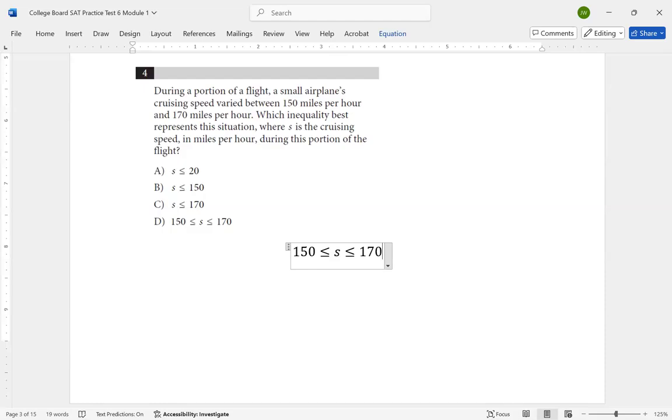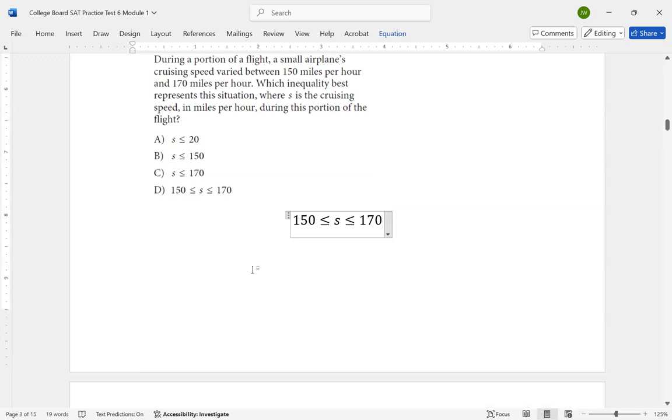So the inequality that works best is the inequality in option D. 150 is less than or equal to S is less than or equal to 170. So D is the correct answer on question 4.